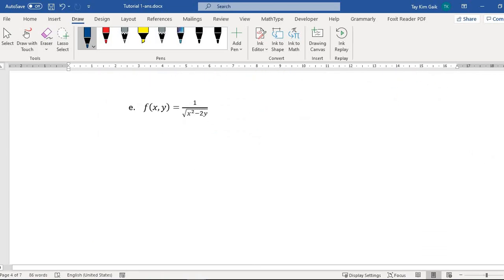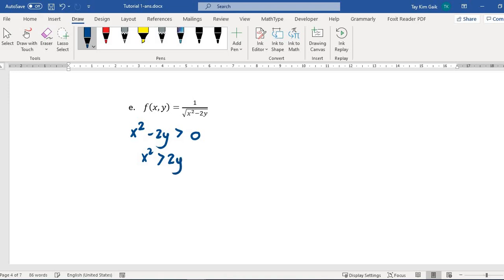2e is similar. You have an expression in the denominator. So you can only set x squared minus 2y greater than 0. It cannot include 0, because if it includes 0, you have 1 divided by 0, you have infinity. So that's why you only set x squared minus 2y greater than 0. So x squared is greater than 2y. So x squared divided by 2 is greater than y, or y is less than x squared over 2.